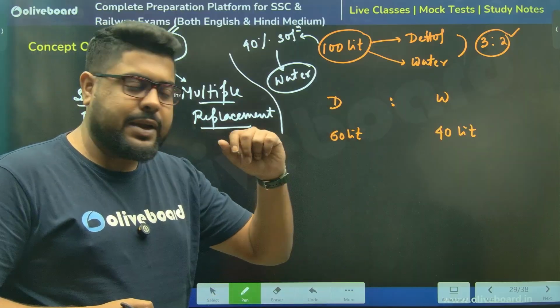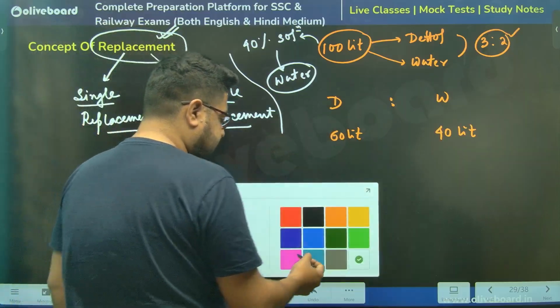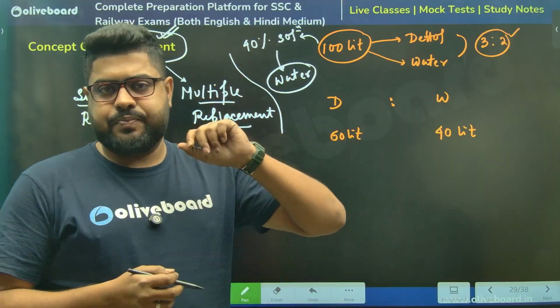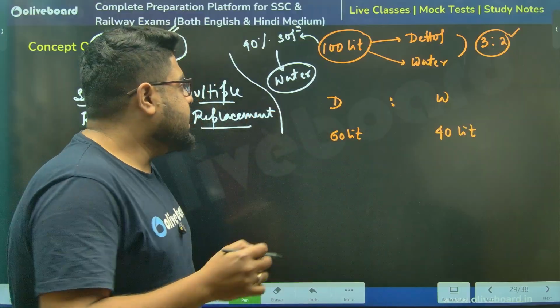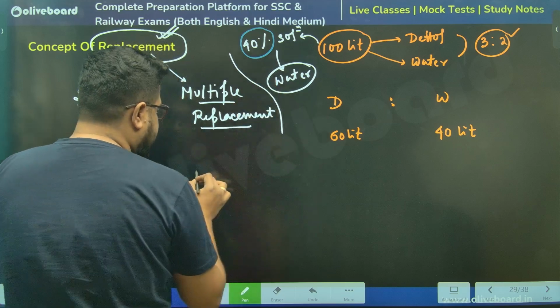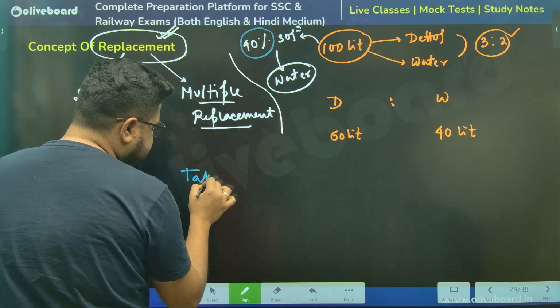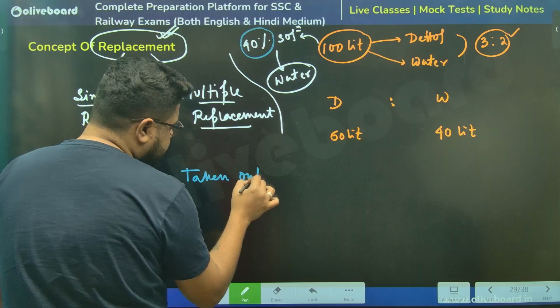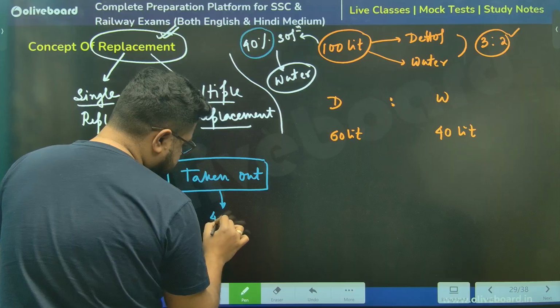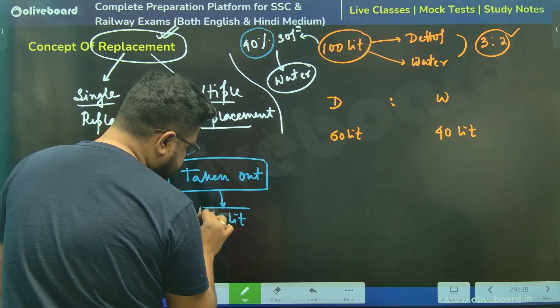Now what will happen in that case? Please understand, this 40% solution I've taken out. That means how much has been taken out? 40% of 100 liters, which is 40 liters.